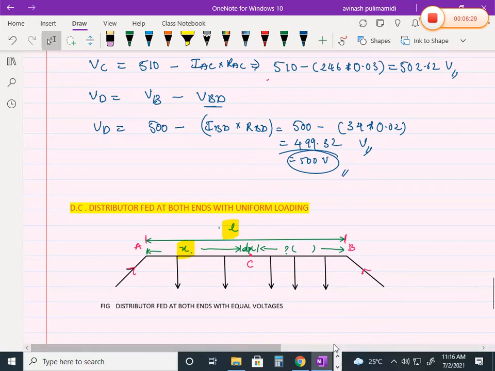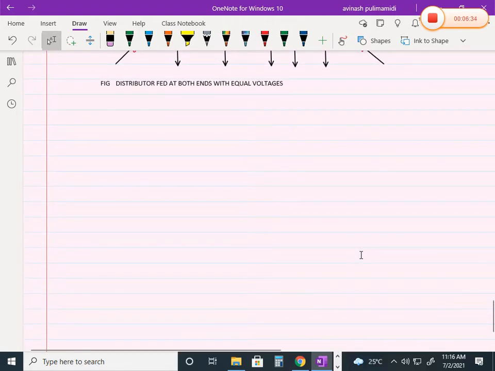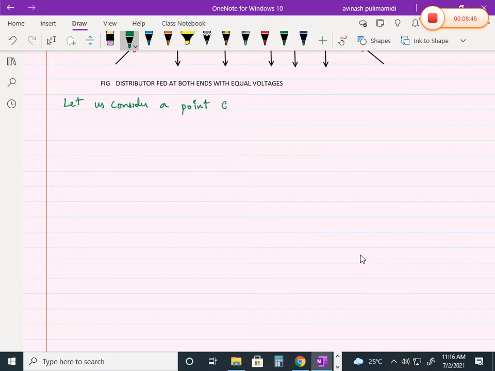Now let us consider a point C at a distance of x units from the feeding point.